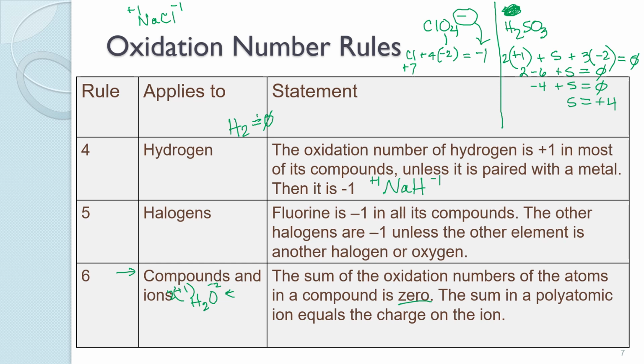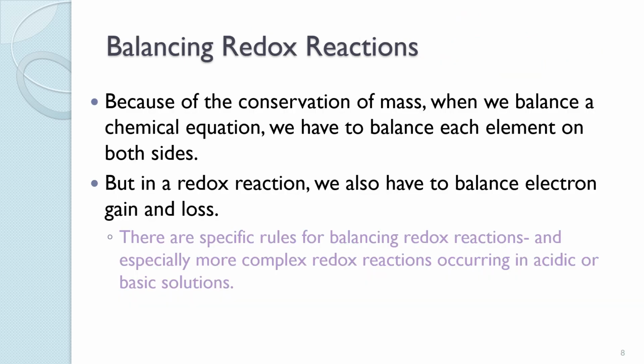So in this case, that works out. If we have NH3, for example, each hydrogen is a +1. That means in this case, nitrogen has to be a -3 because it has to equal 0. So go back to chapter 4 if you're still having trouble with oxidation numbers.